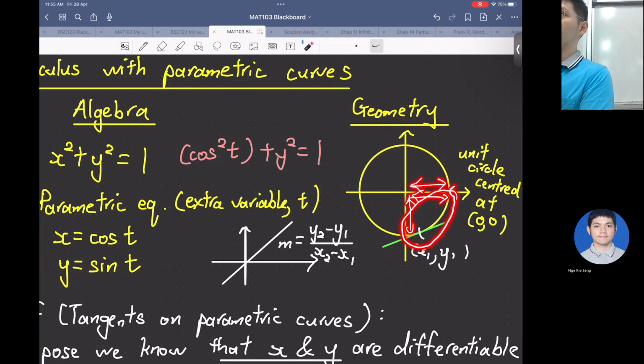We can do differentiation. Make sense? Yeah, we can always restrict our domain, codomain, so that it represents a function. Okay, make sense?